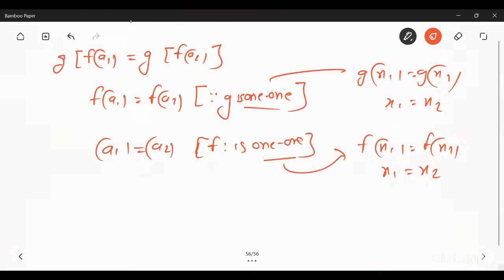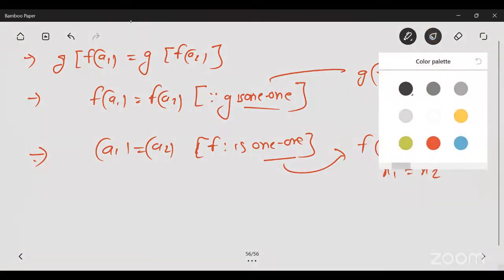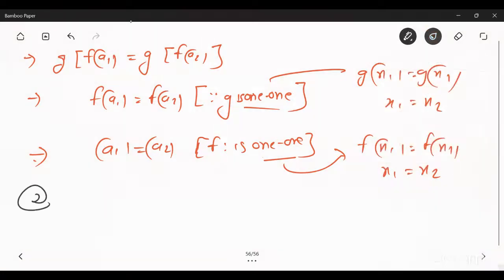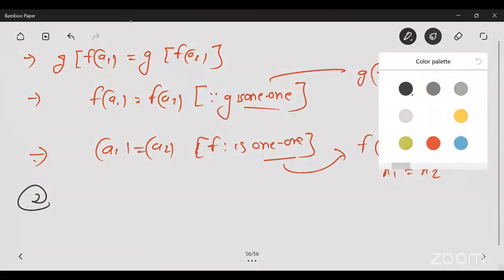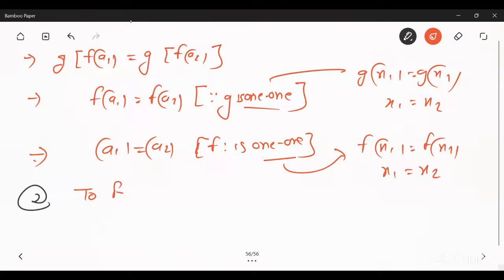So that is why if g of f of a1 equal to g of f of a2, so f of a1 equal to f of a2, so a1 equal to a2. Clear? Now next is to prove g of f from A to C is onto.